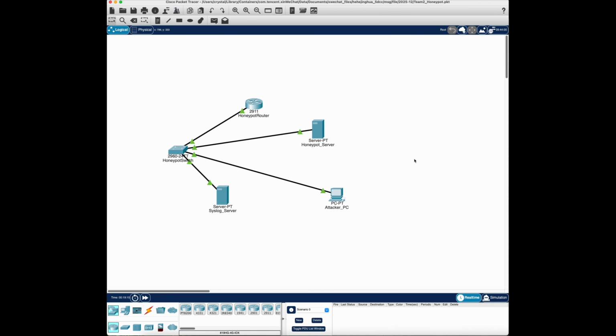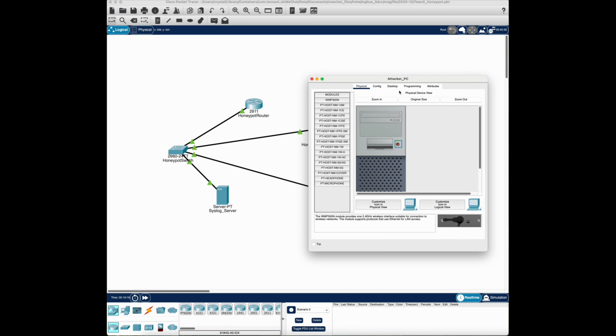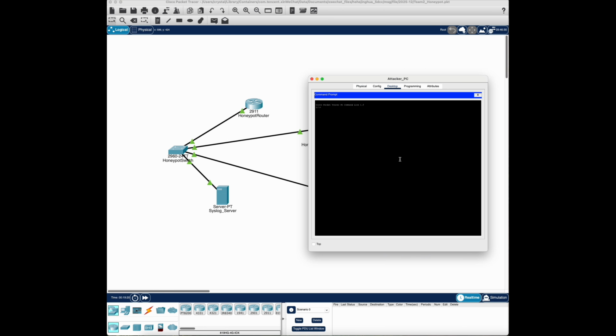Let's verify this connection. As we can see, the honeypot is reachable at this stage.